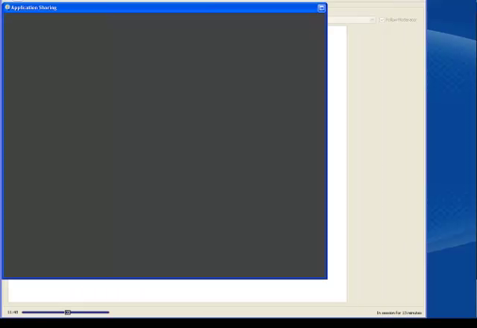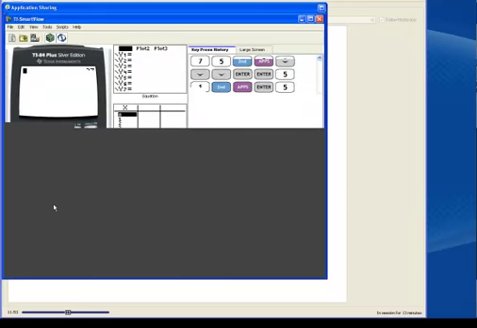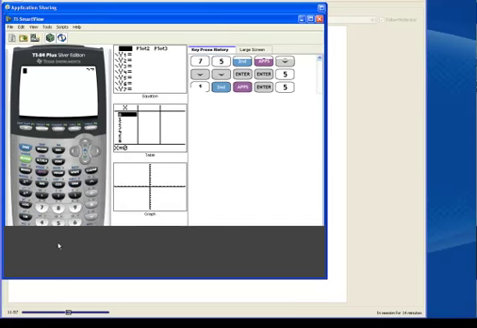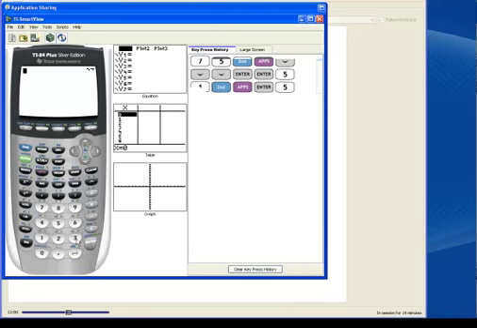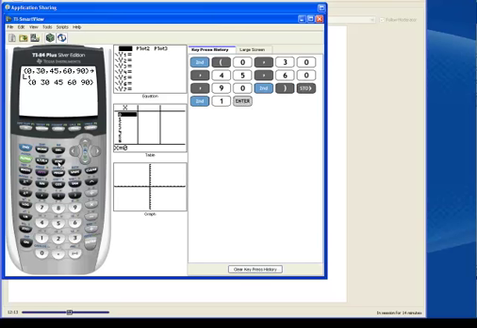And I'm going to do it pretty much the same way as the last time. So I'm going to define 0 and 30 and 45 and 60 and 90 as list 1. Then I'm going to go to Stat, Edit, and then actually I want to get rid of these lists here.